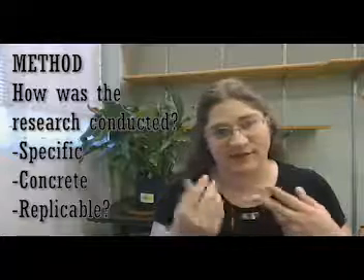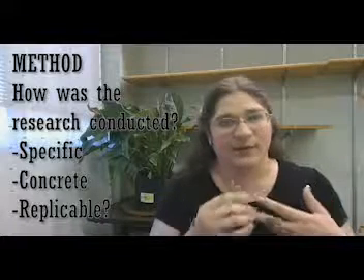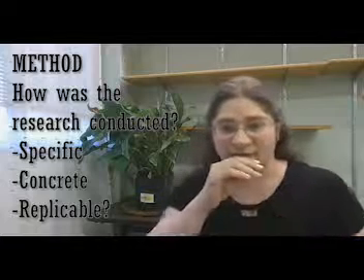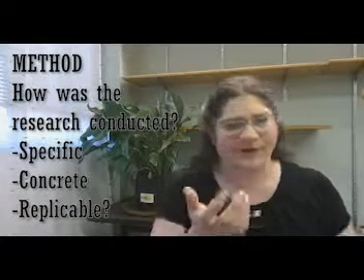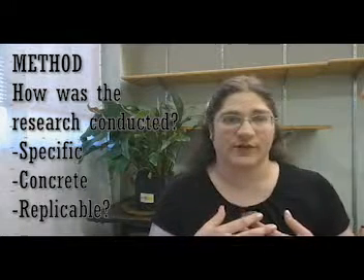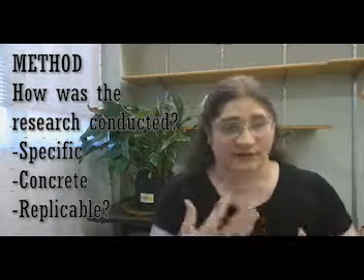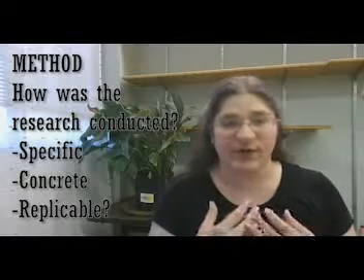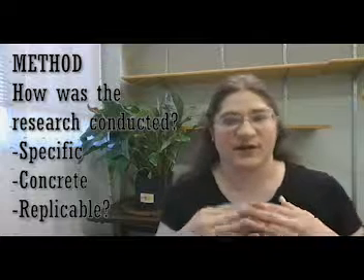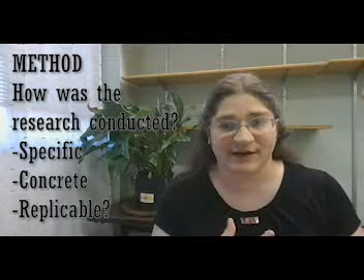Some studies obviously can't be replicated, but if possible, they need to know how that would be done. So replicability is really important, especially in the more empirical fields in your hard sciences where you use laboratory conditions and so on. You really need to know down to what equipment is being used in order to replicate that study.